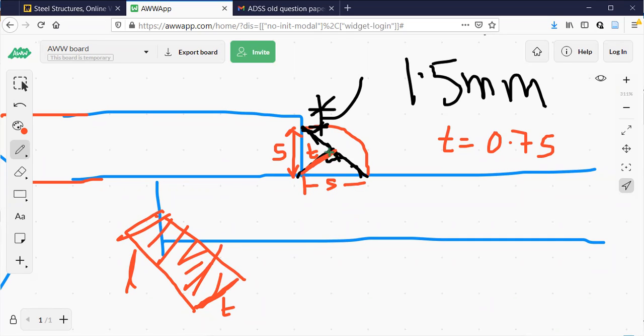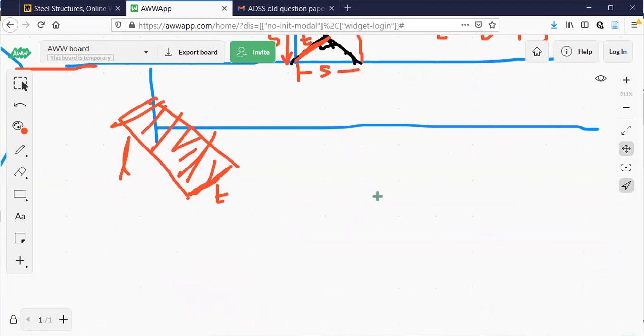The plane is rectangular, an inclined plane, and it is rectangular. One of the dimension is T, the dimension which is normal to T is L. Okay, in that way you have to understand this one. I'll just try to draw one more here.